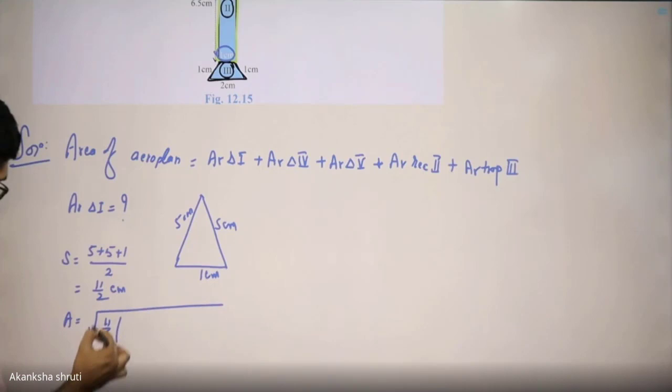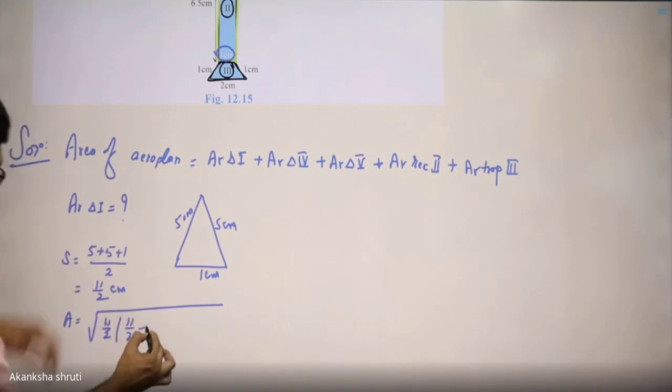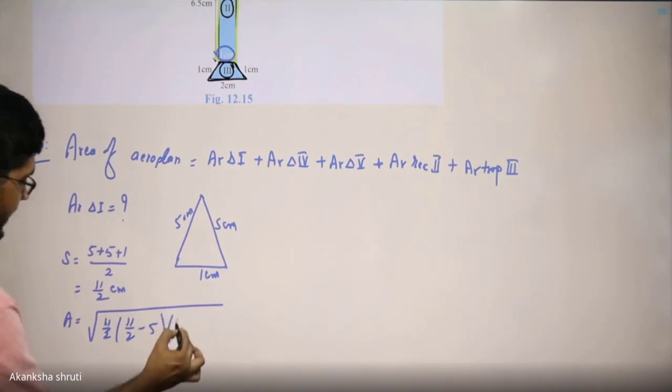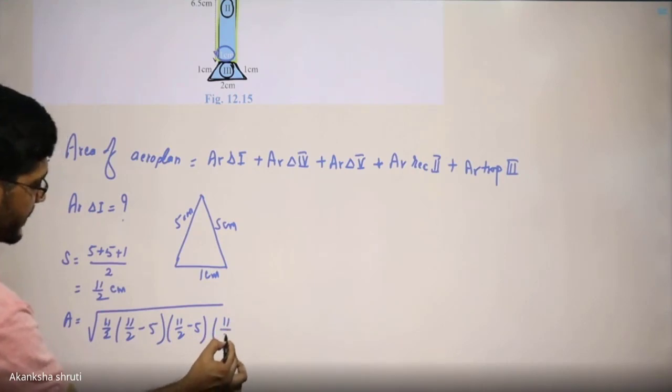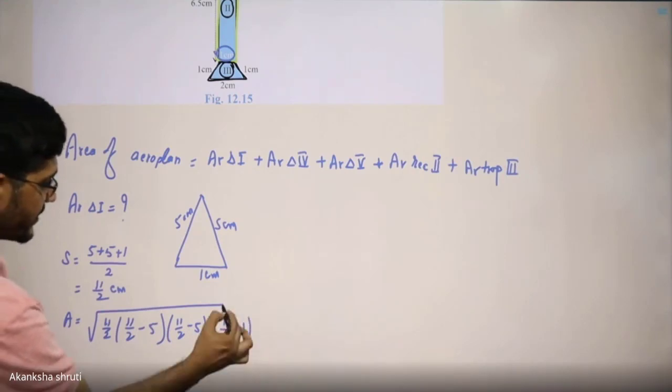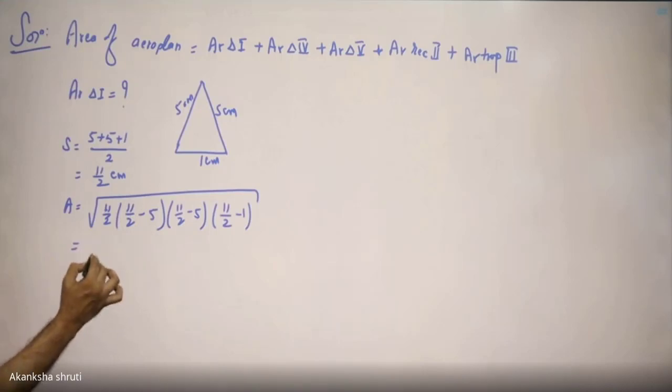So area is under root of S into (S minus a), which is 5, into (S minus b), which is also 5, into (S minus c), which is 1. Students, we need to simplify this.